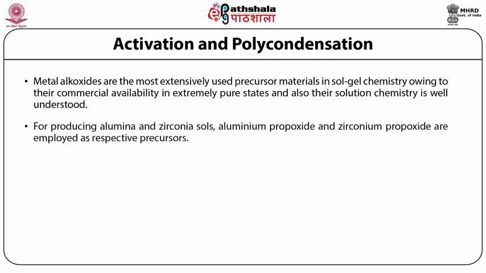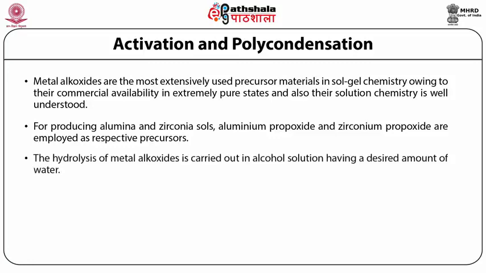For producing alumina and zirconia sols, aluminum propoxide and zirconium propoxide are employed as respective precursors. The hydrolysis of metal alkoxides is carried out in alcohol solution having a desired amount of water.